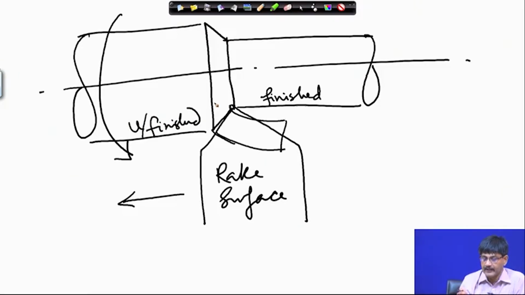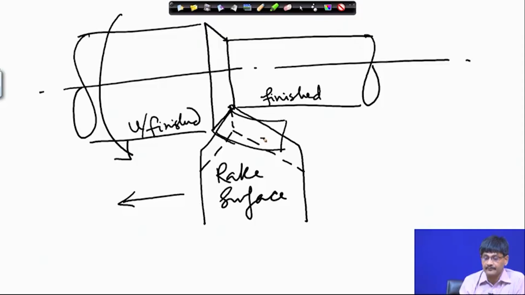So, the principal flank is on this side. We cannot see it from the top, but it is there. The auxiliary flank, we cannot see it from here, but it faces the finished part of the workpiece. And we can draw dotted lines, of course. So, this is the auxiliary flank which we cannot see from the top.